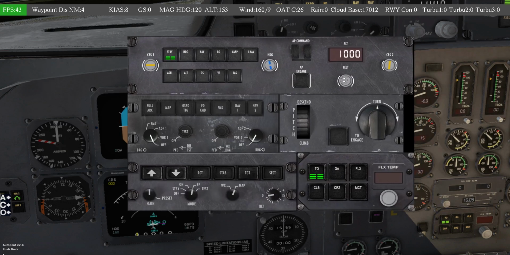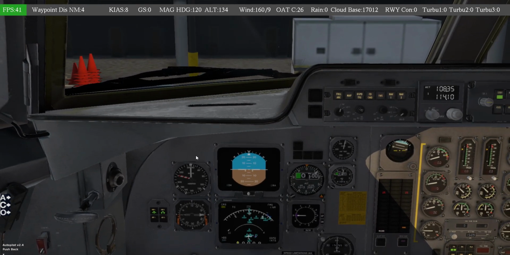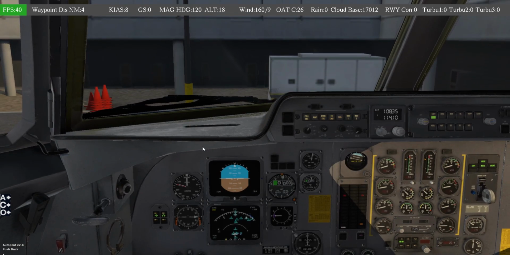Okay, so now let's start our main flight, because that's what we should do. Here we go. And I'm not going to follow the procedure as such.